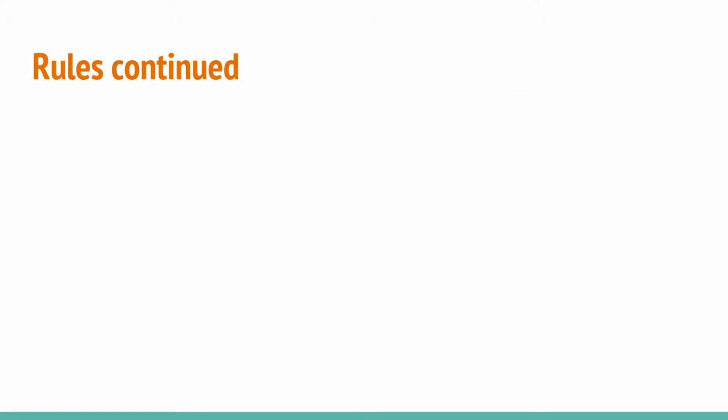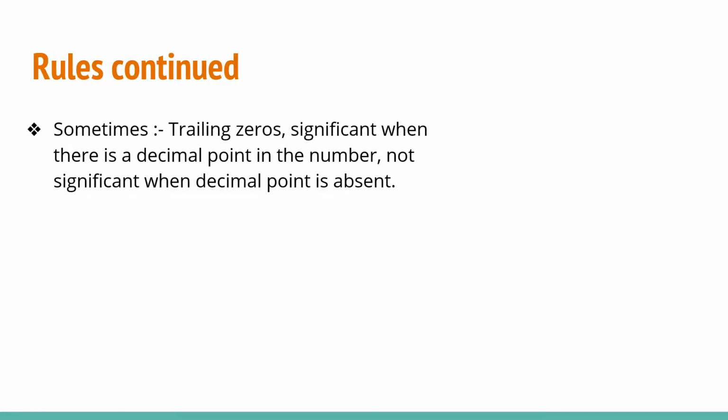So the third rule: those which are sometimes significant. This is a little bit trickier. These are trailing zeros. Trailing zeros occur to the right of the non-zero digit. They are significant when there is a decimal point in the number, and they are not significant when the decimal point is absent. Let's try to understand it.